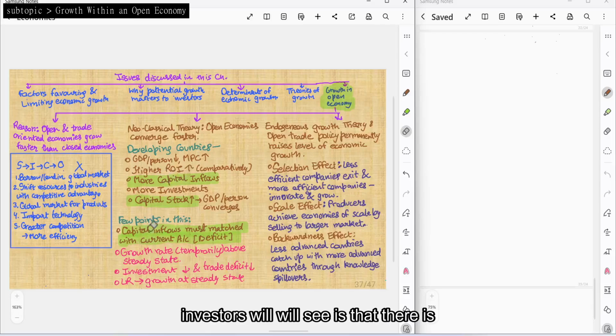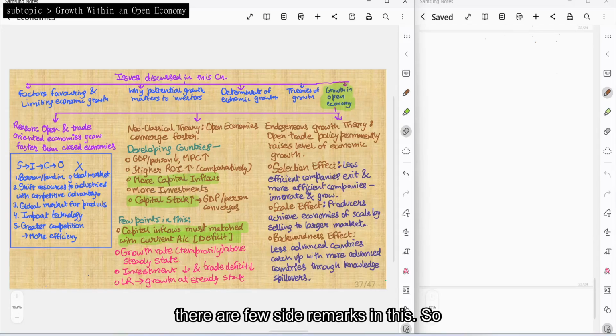So what investors will see is that there is a higher return on investment from investing in a developing country. Now this will lead to a situation where there will be more capital inflows. More capital inflows means more investments, and more investments mean that the capital stock rises at a faster rate, and as a result, GDP per person of a developing country converges with that of a developed country.